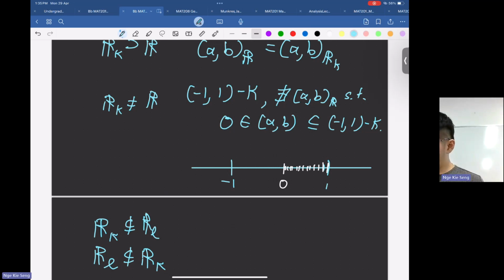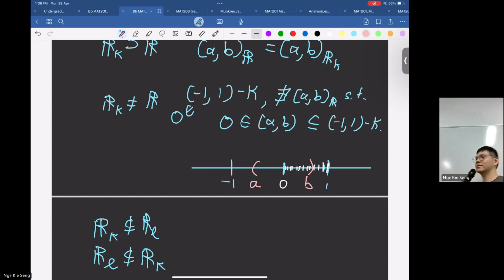But 0 here, I don't take away, right? This is a point in (-1, 1). So here, 0 is inside. I just take away 1 over n for n large. And I say that there's no (a, b) that contains 0 and this open interval lies inside the complement of K.